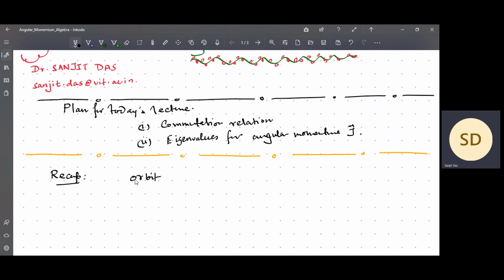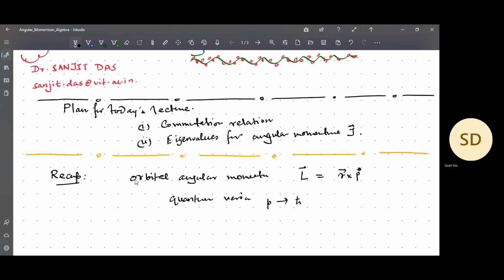The orbital angular momentum, which is classically described by r cross p, and when we want a quantum version, we replace this p by h cross by i del, as simple as that.